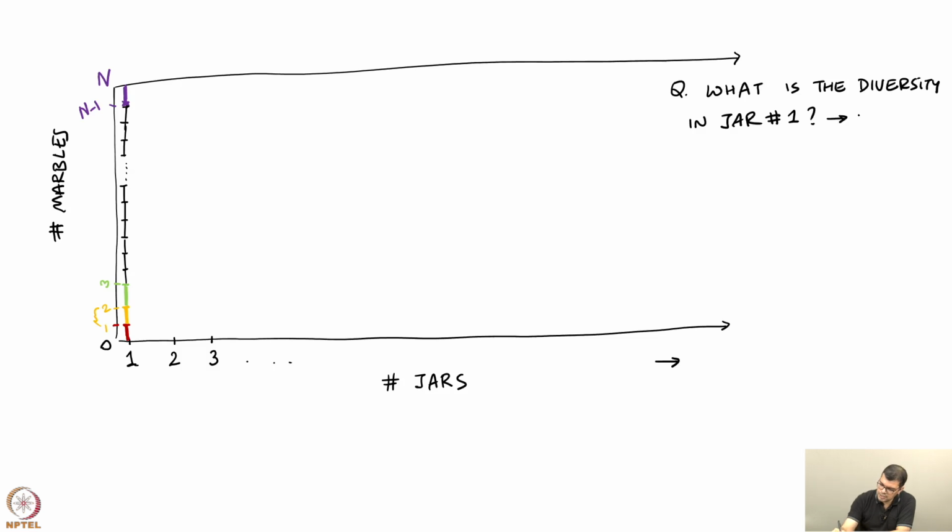So this is simply equal to n. Then the question that we want to ask at that stage is, what happens to this diversity as we move from jar 1 to 2?